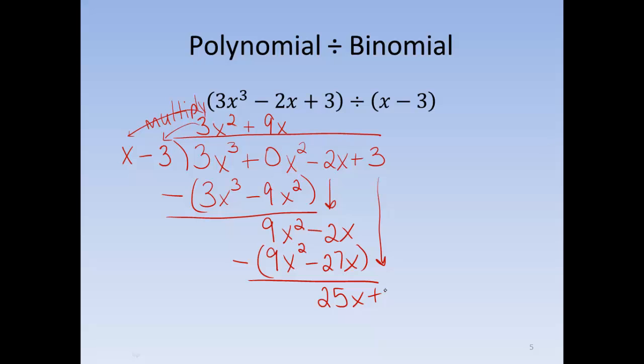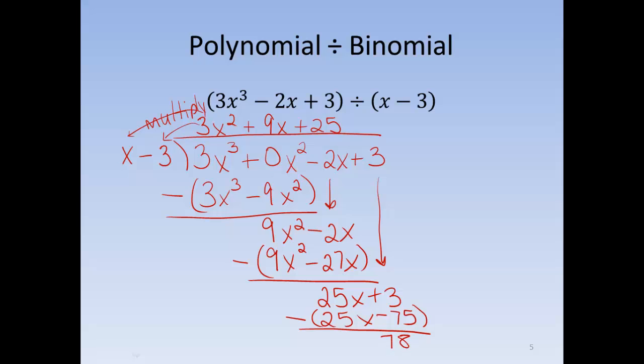Bring down the 3. 25 times x is 25x. 25 times negative 3 is negative 75. Subtract everything. 3 minus negative 75 is 78.